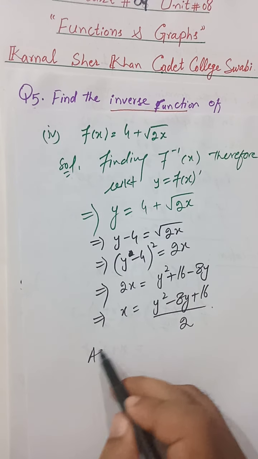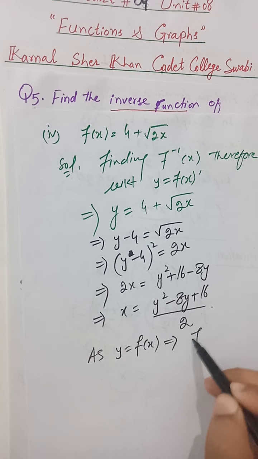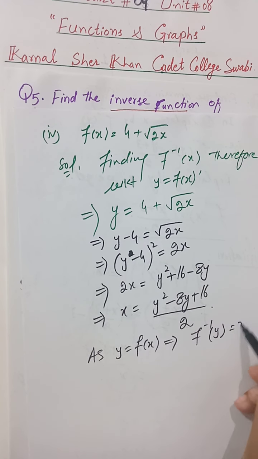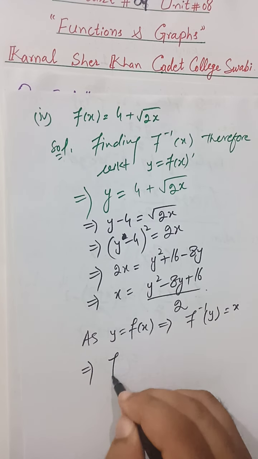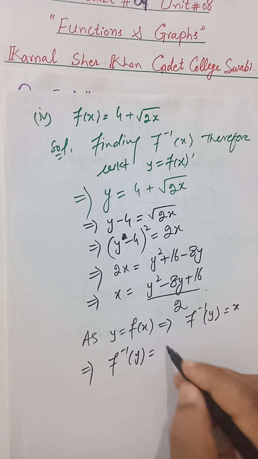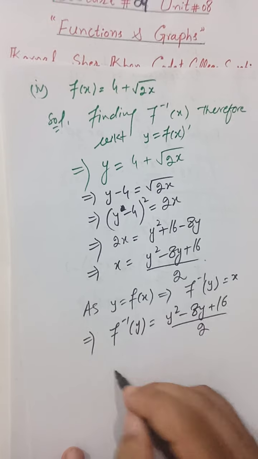Now as y is equal to f of x, this implies that f inverse of y is equal to x. I already explained this step in the previous question. This implies that f inverse of y is equal to y square minus 8y plus 16 divided by 2.